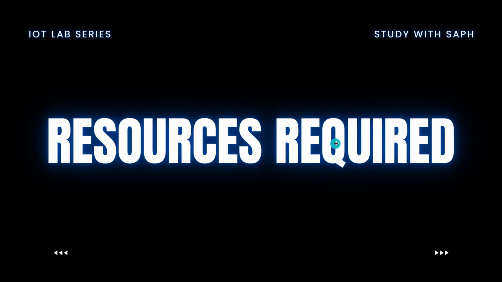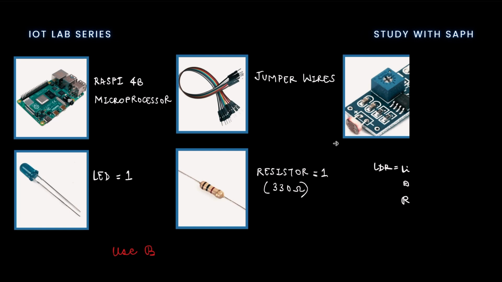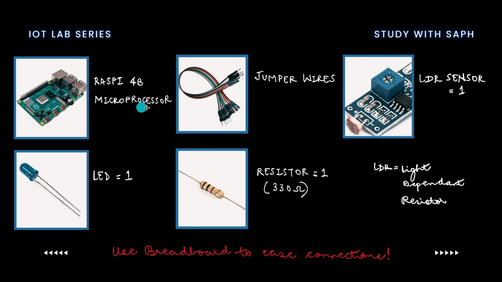Beginning with the resources required, first and foremost we need the Raspberry Pi 4B microprocessor, and we require our LDR sensor. We're just going to be using one sensor, and to notice the changes produced by the sensed input values, we will be using an output device, in this case an LED.